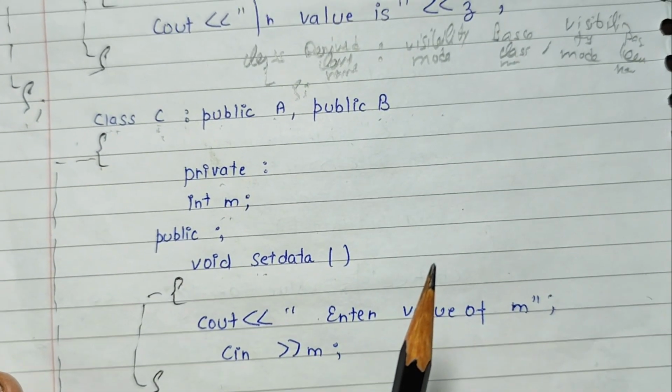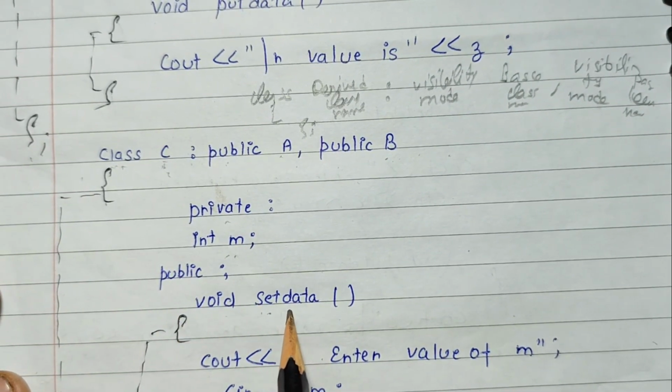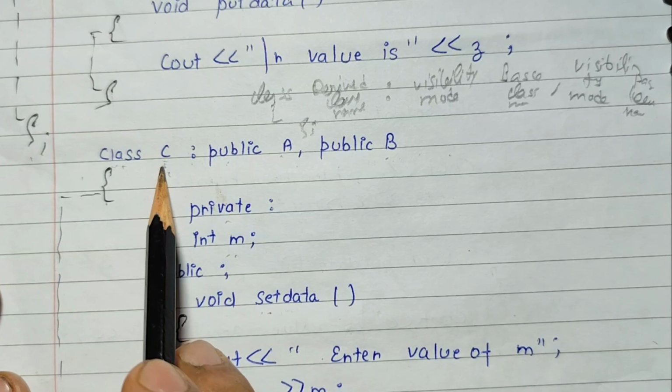Now my question here is, how many member functions do we have in derived class C?